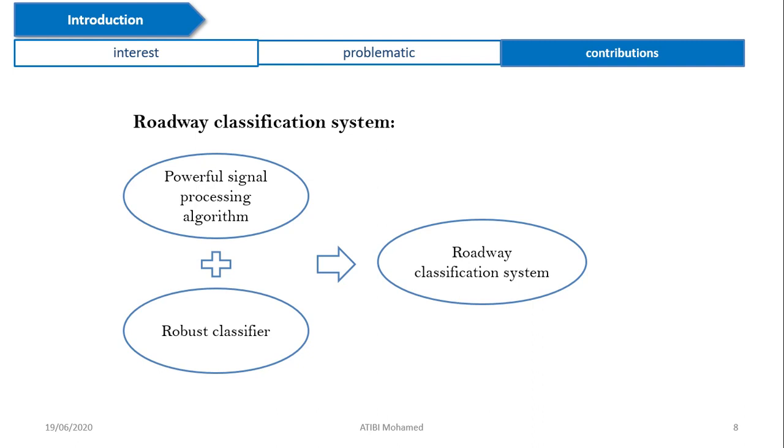Thus, several researchers have tried to implement this network in embedded platforms such as a graphic processor and the application-specific integrated circuit. But these systems have major drawbacks related to the application area, such as the speed of calculation, which is a paramount parameter in the field of roadway or road safety. For this, the work is devoted to the implementation of the roadway classification system in the FPGA platform of Cyclone 2 Altera.